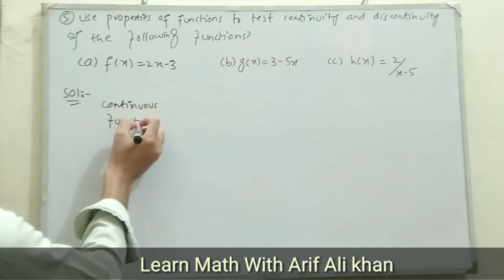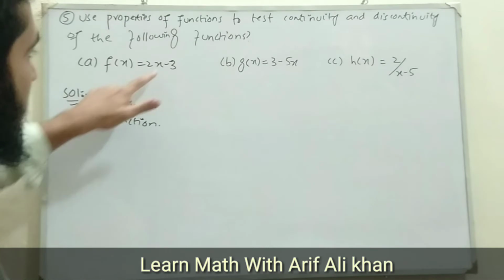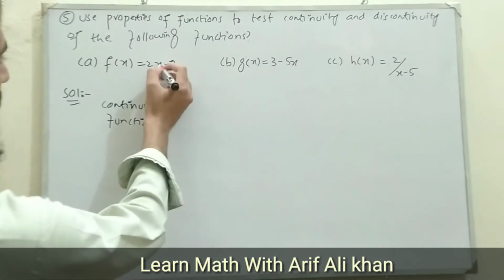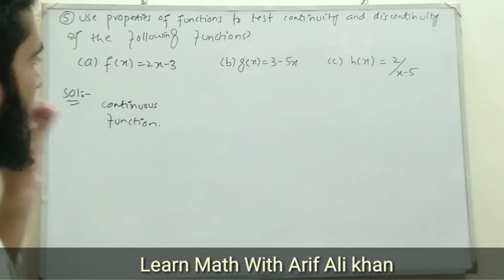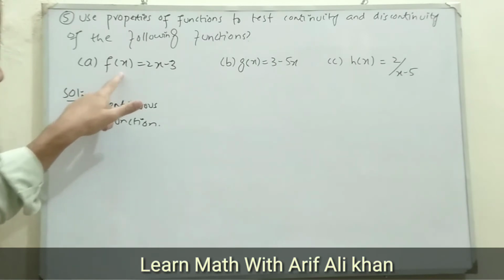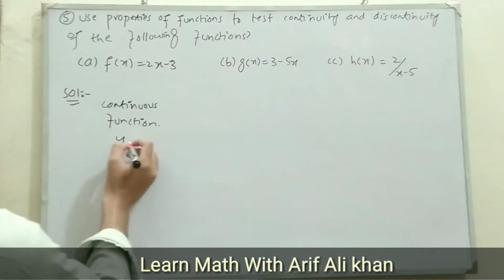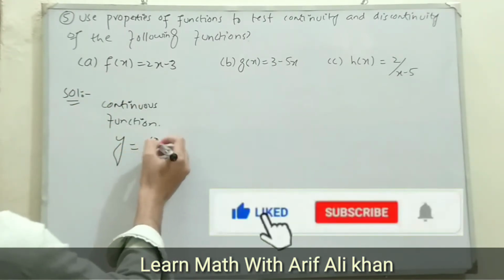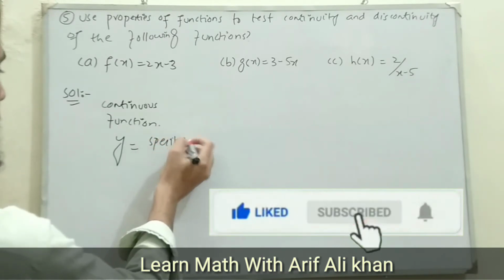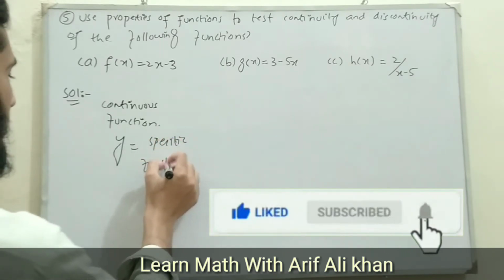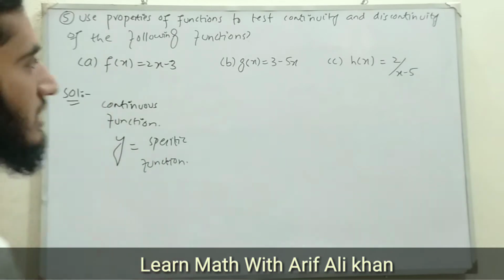Why? Because if we put each and every real value for x, it will give us a specific value of the function f of x. It will give us f of x equal to y, a specific value. So due to the specific value, part A is a continuous function.